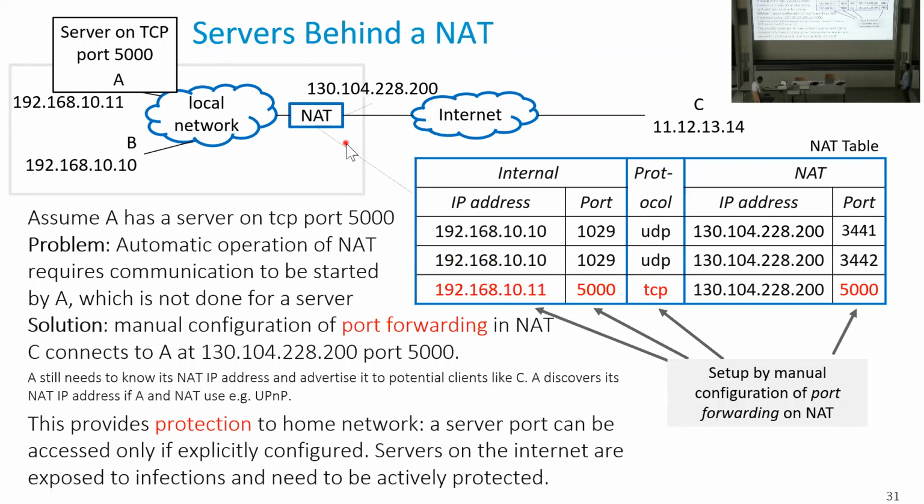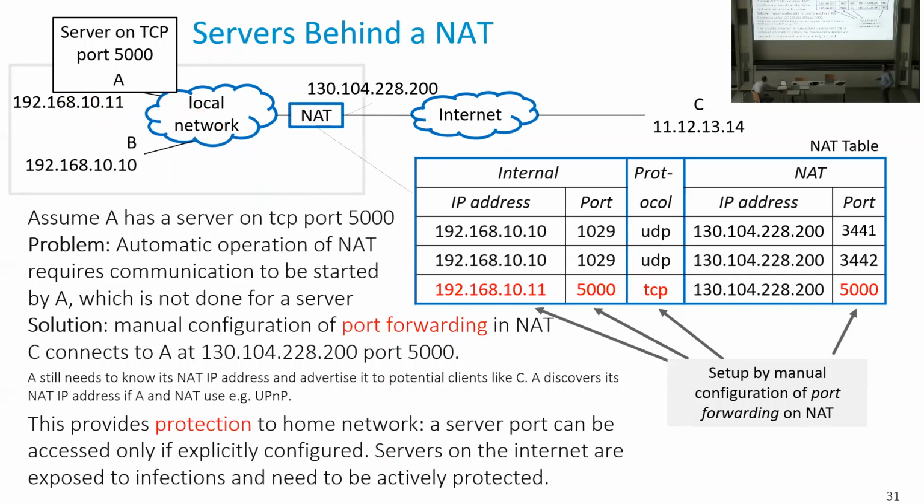And then you will advertise to the world a machine that has this IP address and this port number. It doesn't mean that on the NAT you have a server listening on this port number, but it means that you have a server somewhere else here.